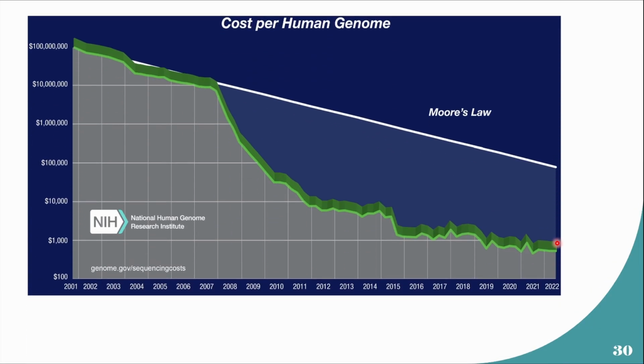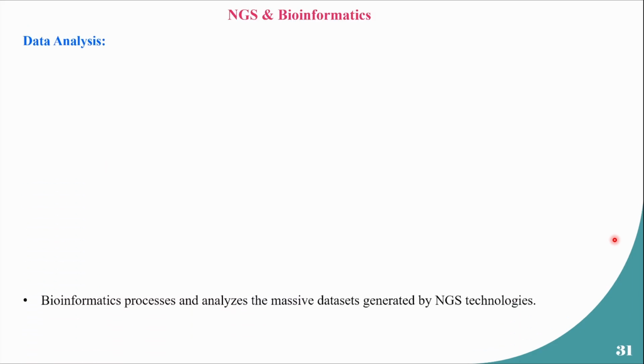The same thing, if you represent it in different terms, you can see the cost per human genome sequencing also decreased rapidly. So from that, you can say that since the cost is decreasing that much, the time for performing the analysis is decreasing that much. That means it must generate a lot of data, right? A lot of data, which of course can be efficiently analyzed through bioinformatics. That is the point this slide was telling us, right?